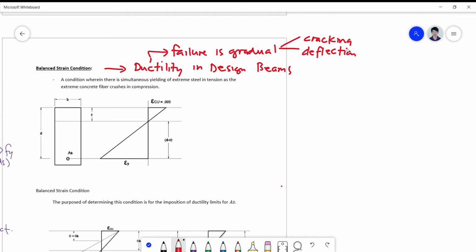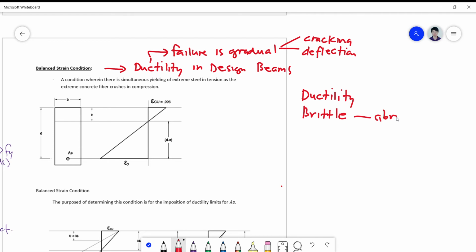Okay, so the opposite of ductility is brittleness. Ductility, we don't want our member to be behaving in a brittle fashion, because when beams fail in a brittle manner, this is abrupt.